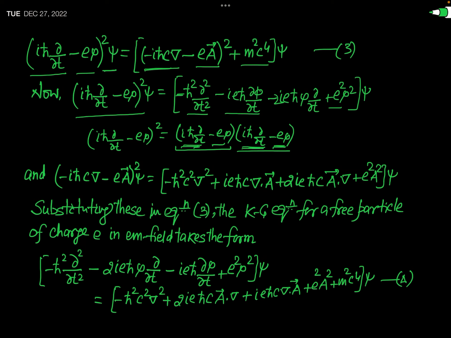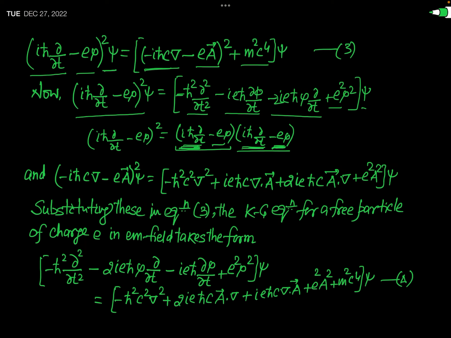Again, when −eφ is operated on iħ ∂/∂t, then again there will be −ieħ ∂φ/∂t, so here we have −2ieħ φ ∂/∂t.